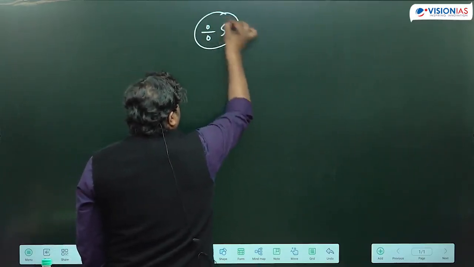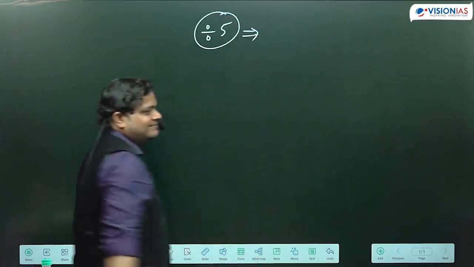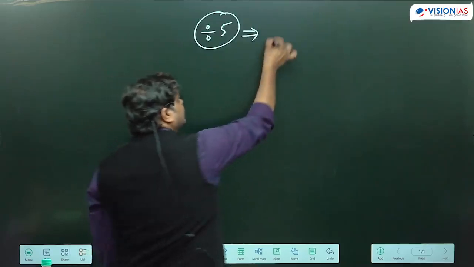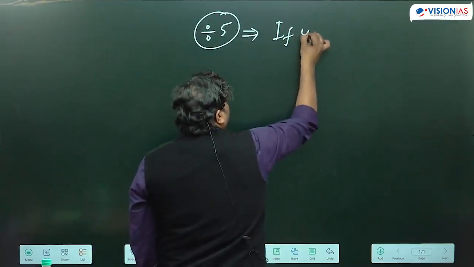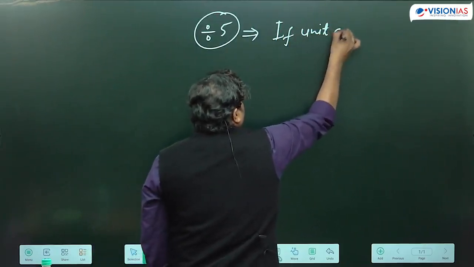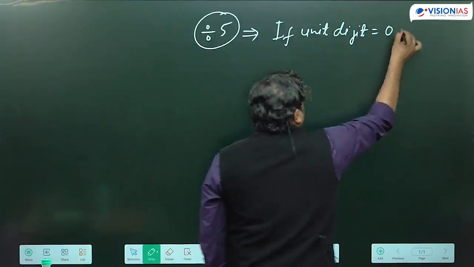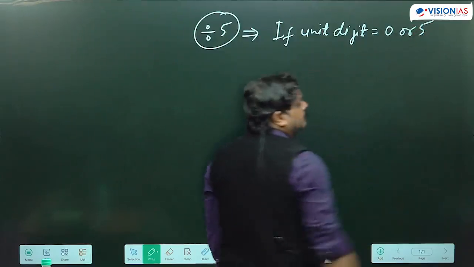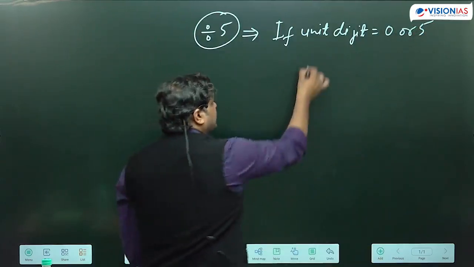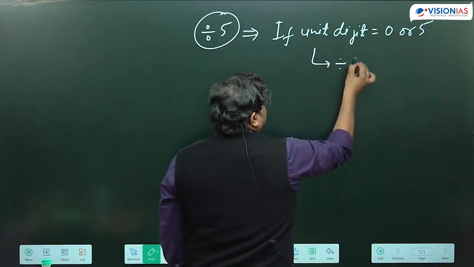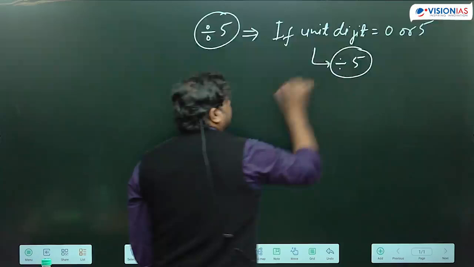After then, the divisibility rule of 5. If the unit digit or last digit is 0 or 5, then we can say that the number is divisible by 5.